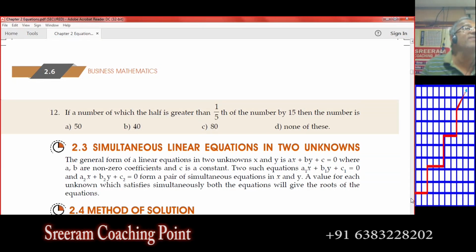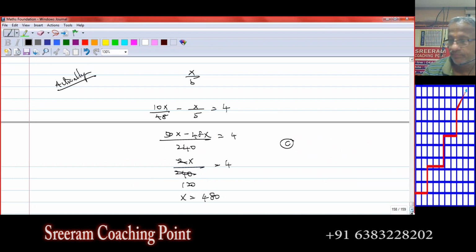You got to separate and then operate. x is a number, half is x by 2, is greater than 1/5 of the number, x by 5, by 15.